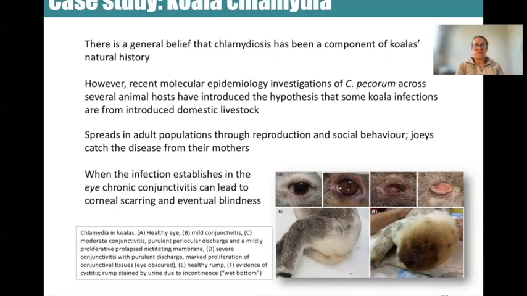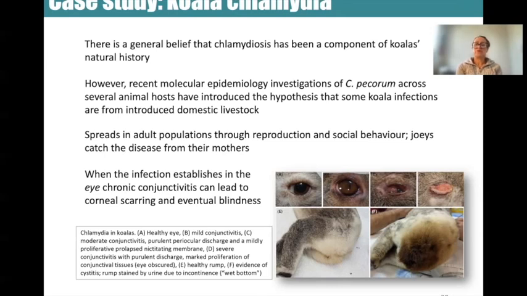Looking at a couple of case studies of marsupial disease, we'll start with koala chlamydia. So the general belief is that chlamydia has been a component of the koala's natural history. However, recent molecular investigations of the bacterium that causes chlamydia has suggested that some koala infections may stem from introduced domestic livestock.